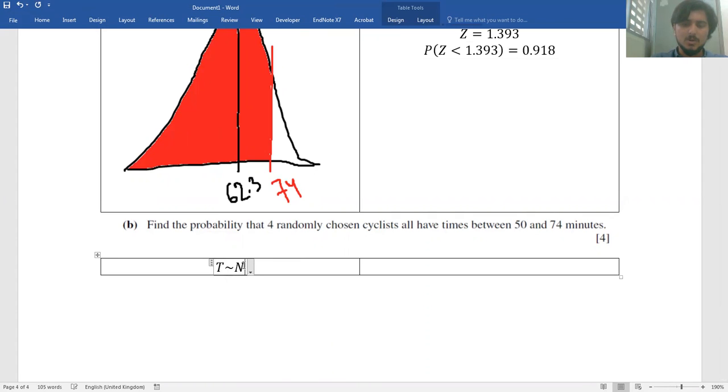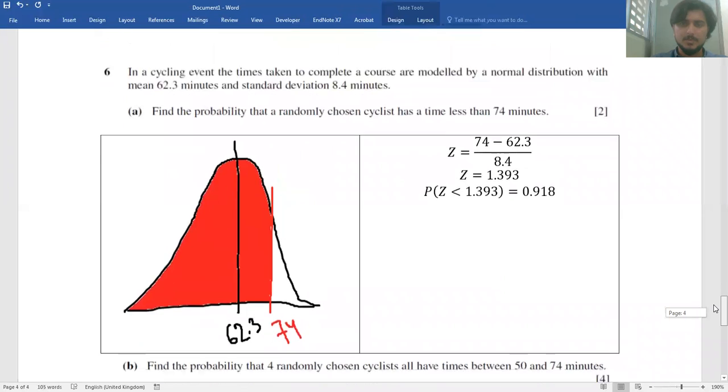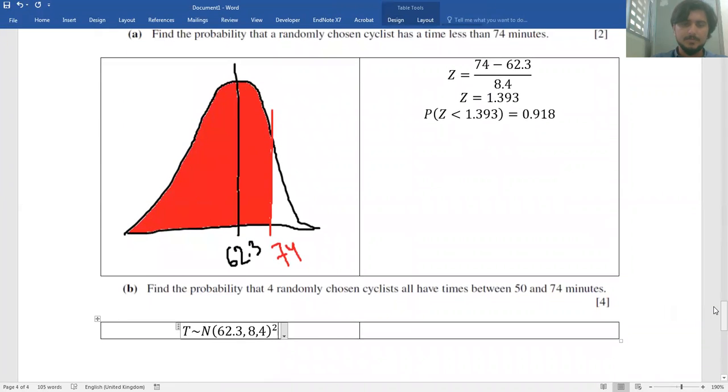I'm taking the time as T. It is normally distributed, mean is 62.3 and variance is 8.4 squared.